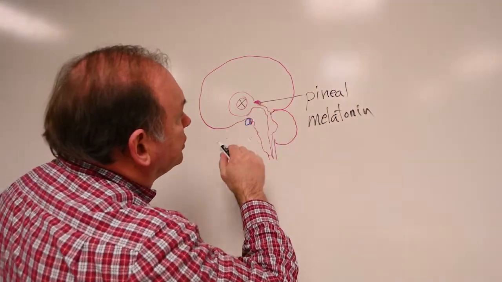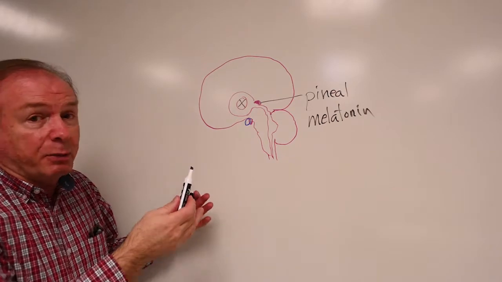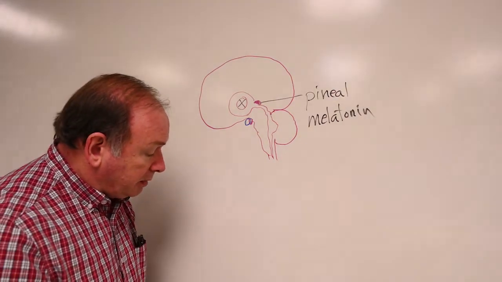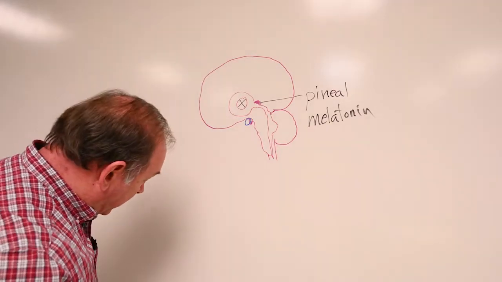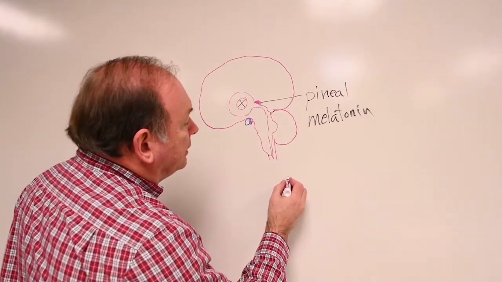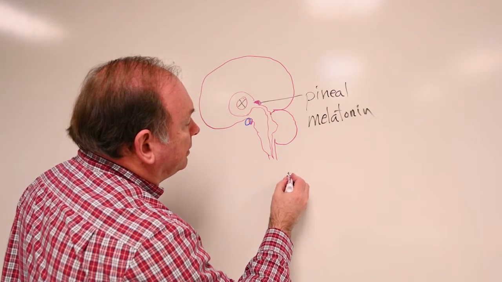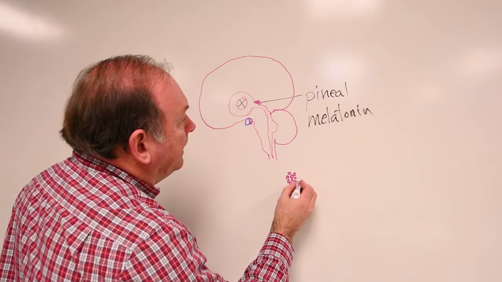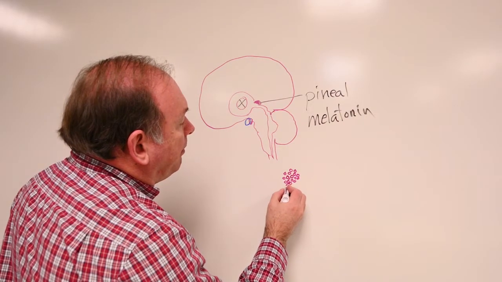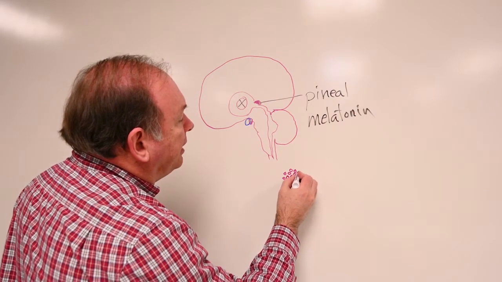The tissues in the pineal gland, this is a part of the brain and it develops out of brain tissue. The pineal gland has a very small cell in it we call a pinealocyte. So we have a bunch of little pinealocytes that make up most of the tissue, very small cells.